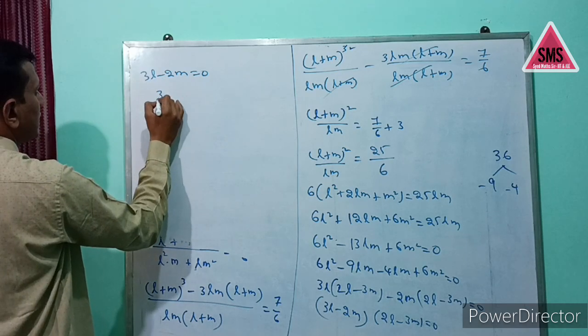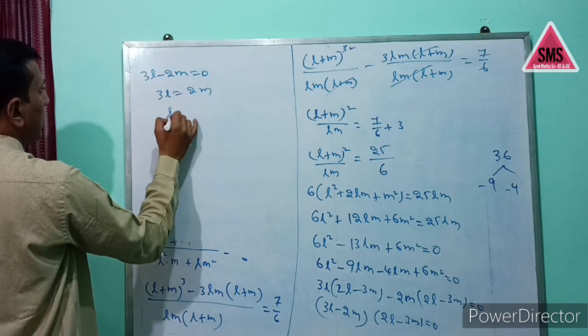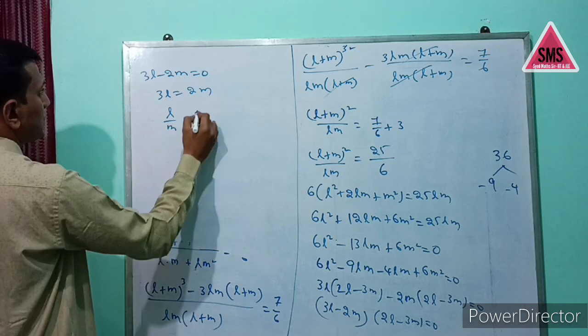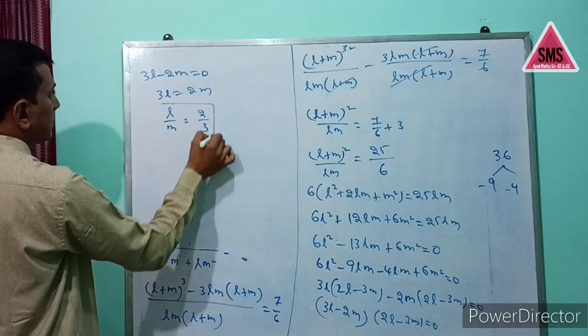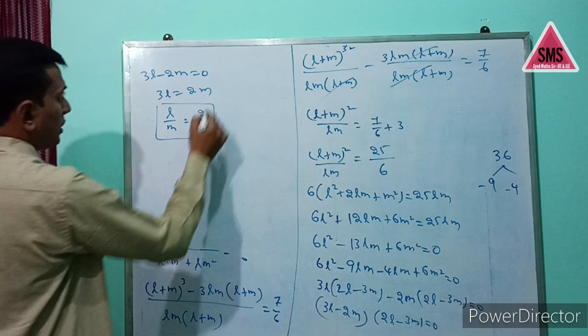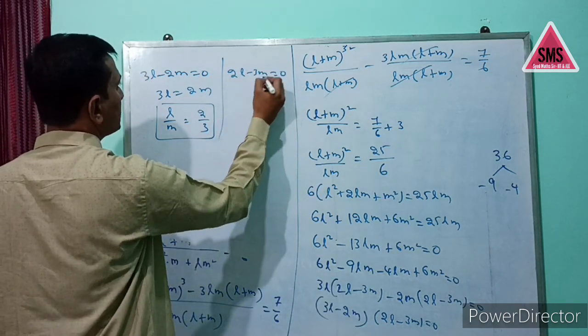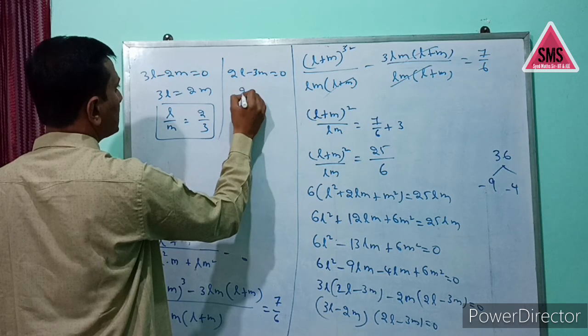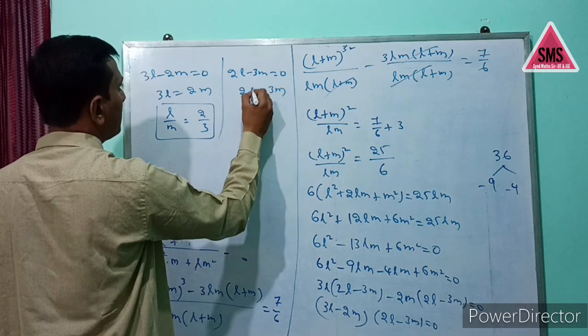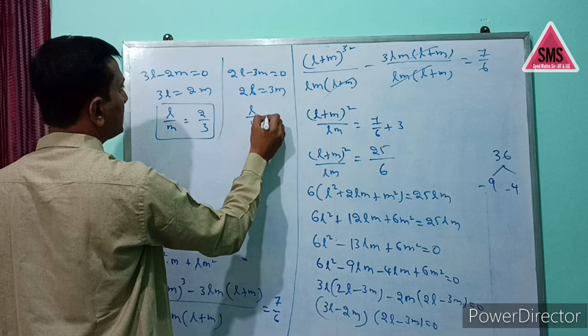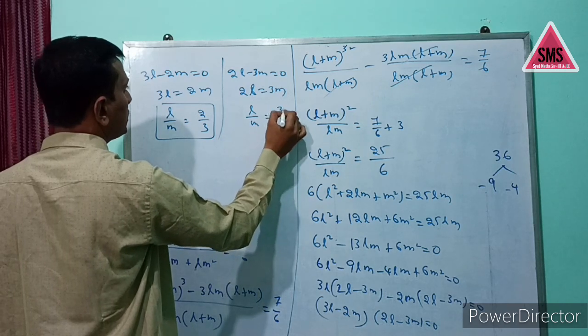You will get 3L is equal to 2M, L by M is equal to 2 by 3. Next, one more: 2L minus 3M is equal to 0. You will get 2L is equal to 3M. Then L by M is equal to 3 by 2.